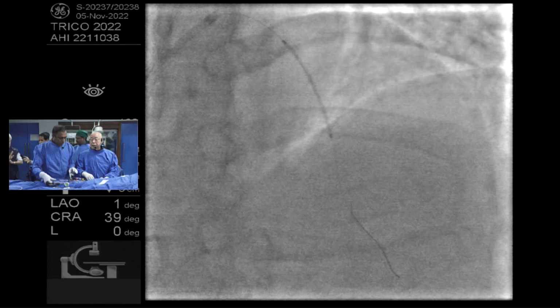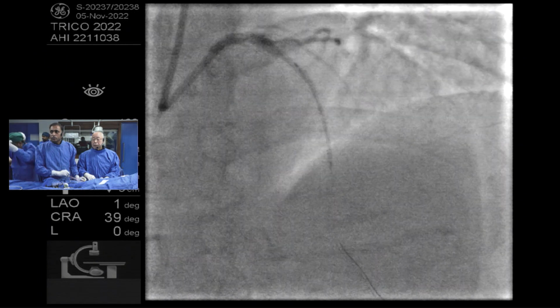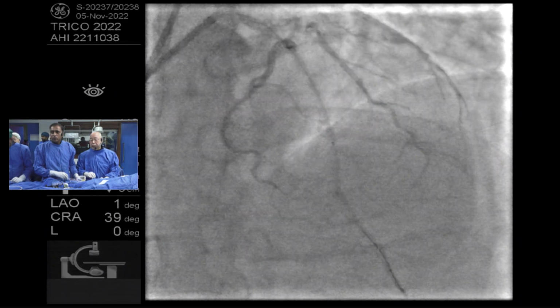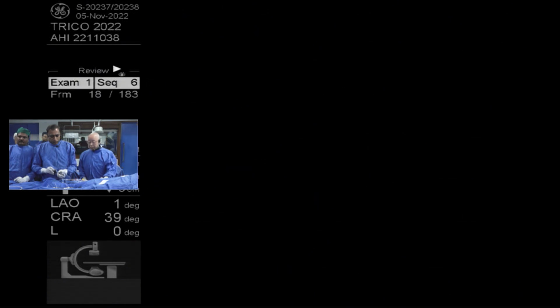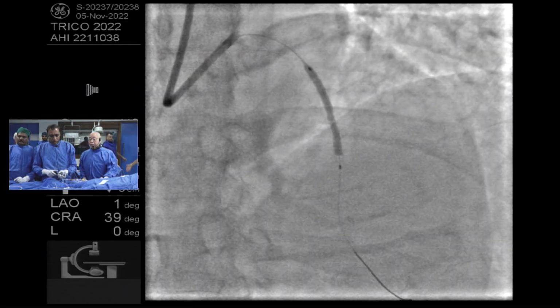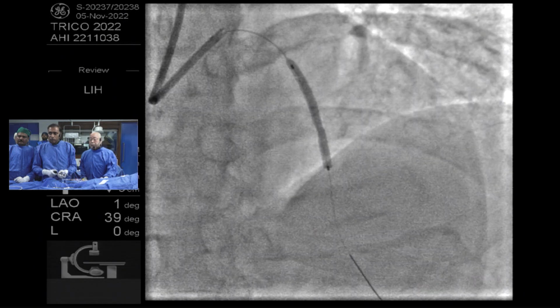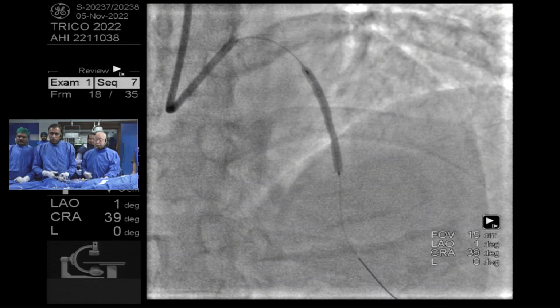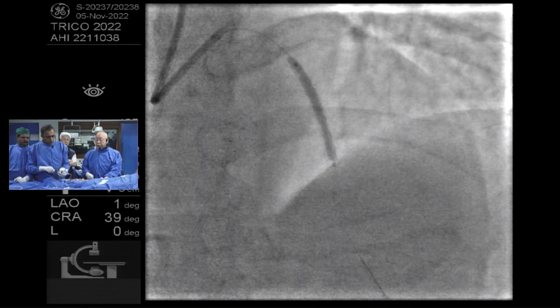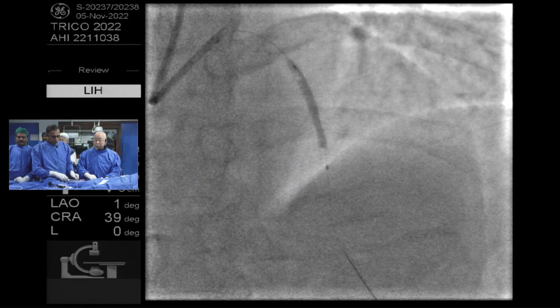Okay, test. That's all right. So 12, 14, 16. 16 atmospheres. Then check by using IVUS.